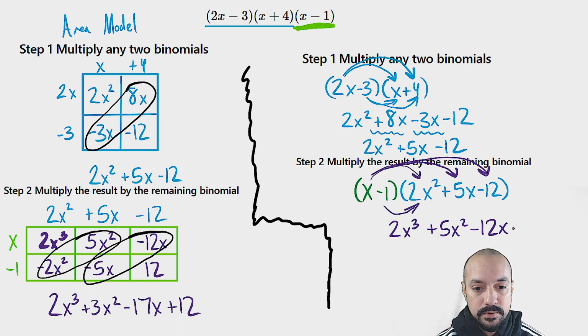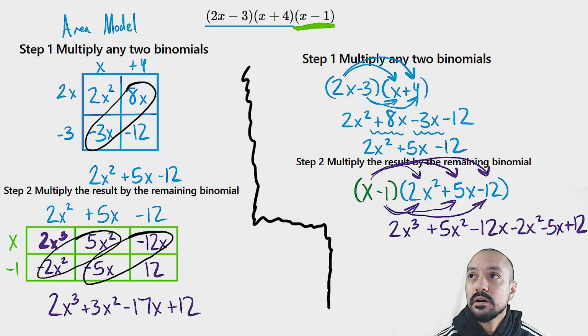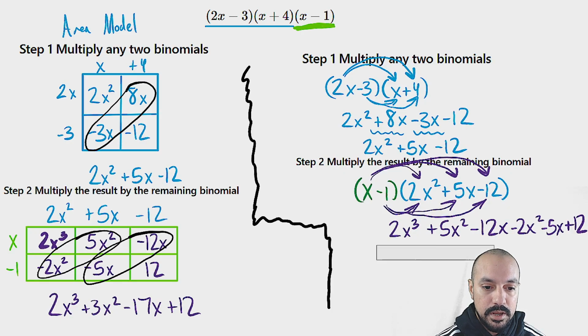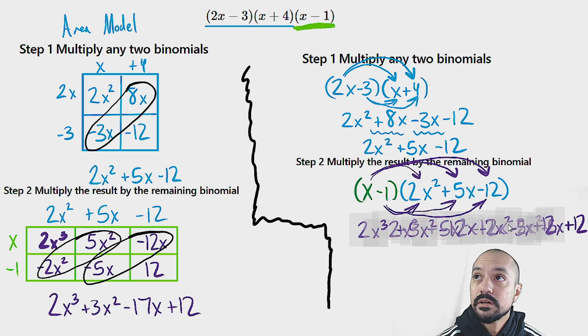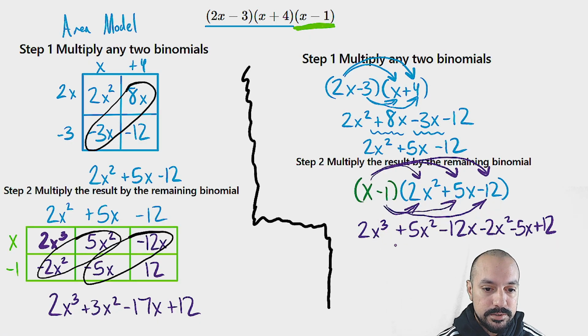Negative 1 times 2x squared gives me negative 2x squared. We're going to basically be multiplying everything here by negative 1. And last multiplication. Okay. Next I want to combine like terms and then I'm finished. So we have our x squared terms and we have our x terms.